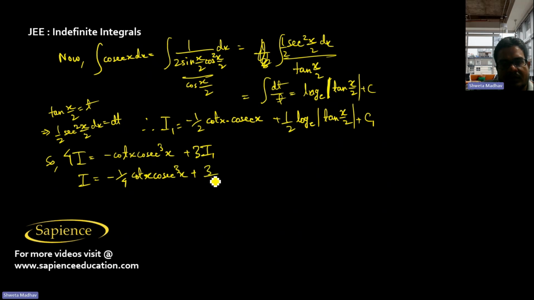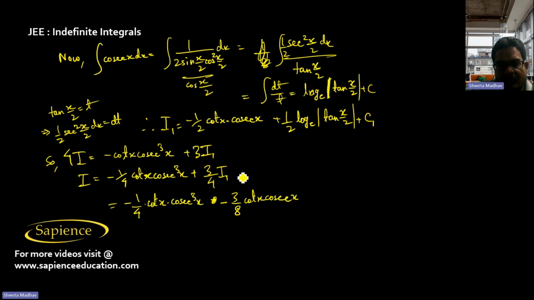So the final answer will be minus 1 by 4 into cot x into cosec cube x, and then minus 3 by 8 cot x into cosec x, since minus half into 3 by 4 is minus 3 by 8. Then 3 by 4 of this, so plus 3 by 8 into log base e mod tan x by 2, plus c.